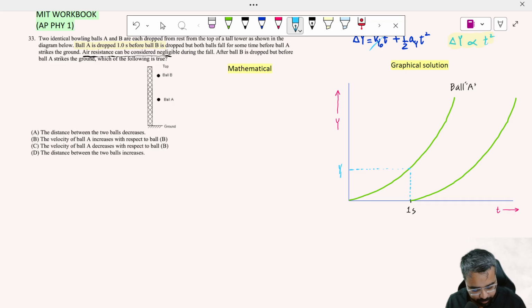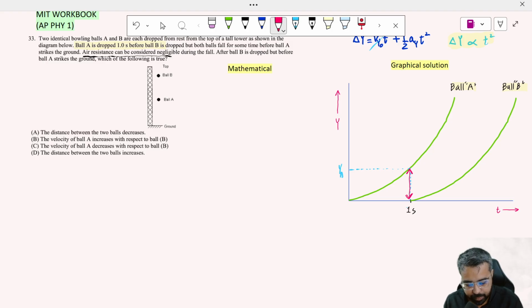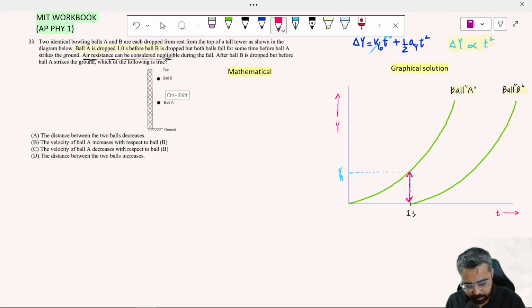That is YA. And ball B is just starting. Notice that this is the distance between these two. This is the separation, right? This is the separation in the beginning.